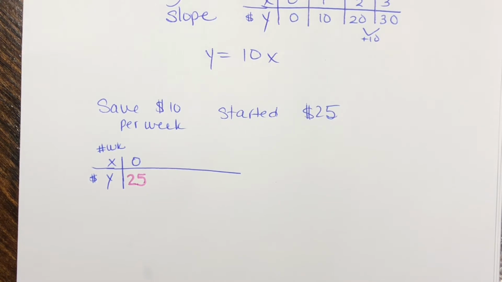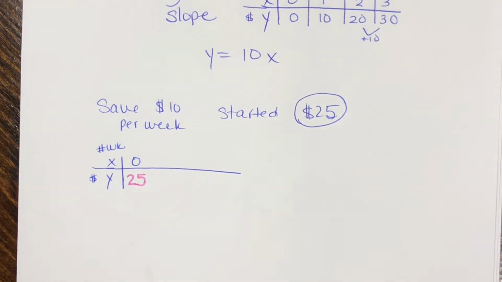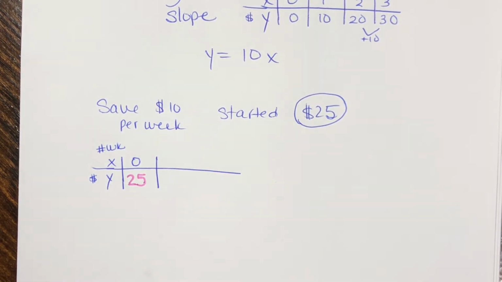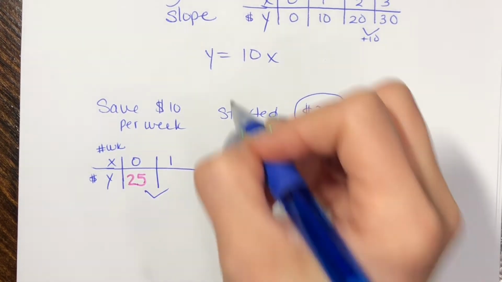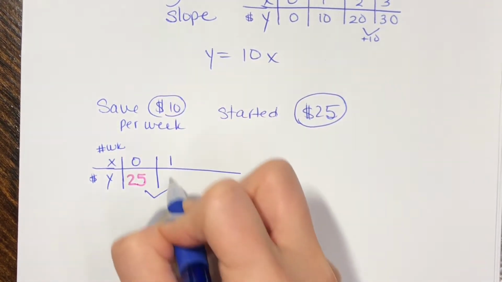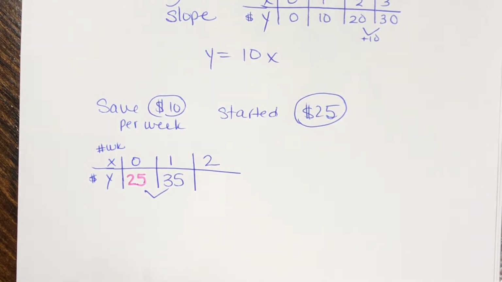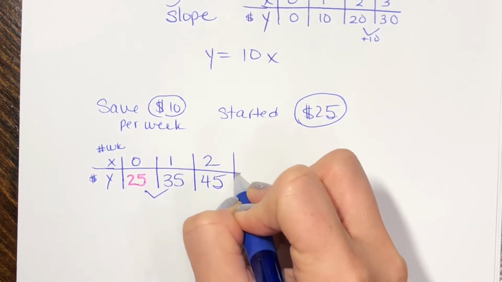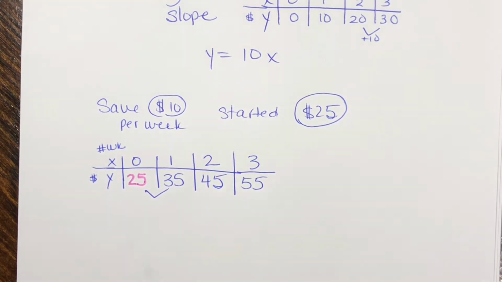We're going to see something that's 0, 25 because on week 0, before he even started saving, he's got some money. Now, it's still going to be $10 saved per week, so that's going to change that to 35. And at the end of his second week of saving, he will have 45. And so we have a new table, and this is a new concept that's super important for us to take a look at.